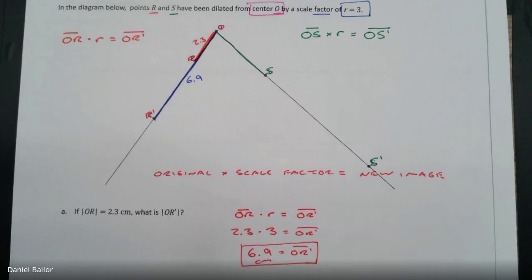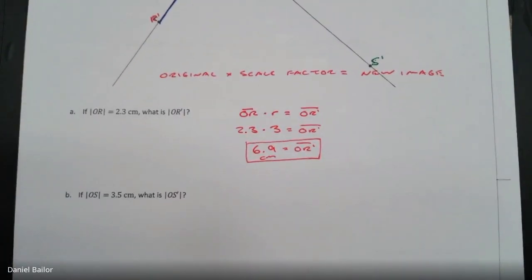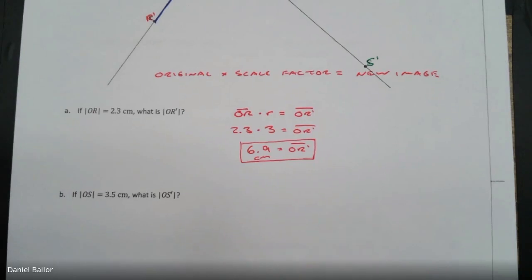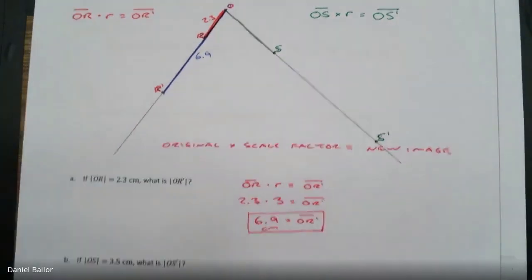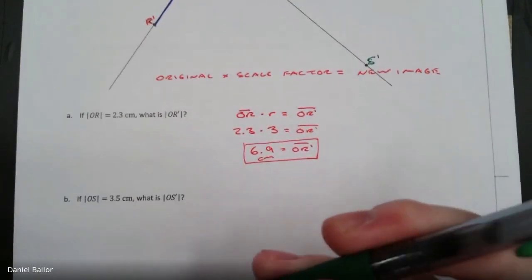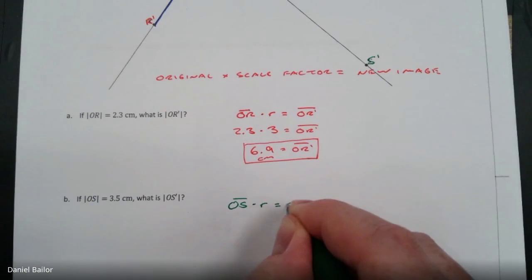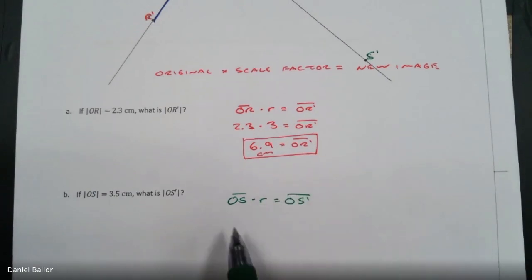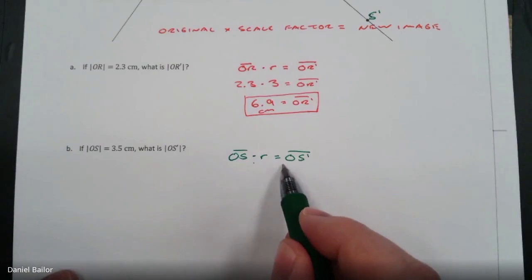And we can do the same thing for part B. If OS equals 3.5, what is OS prime? Well, I'm going to use this equation right here. OS times R equals OS prime. The original times the scale factor equals the new.